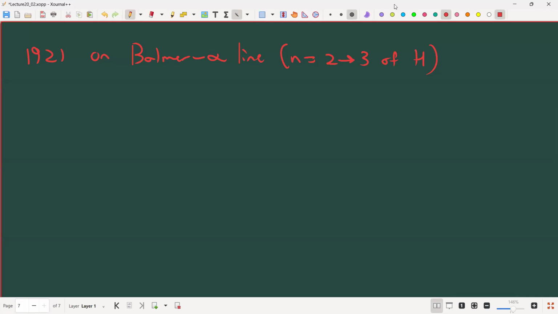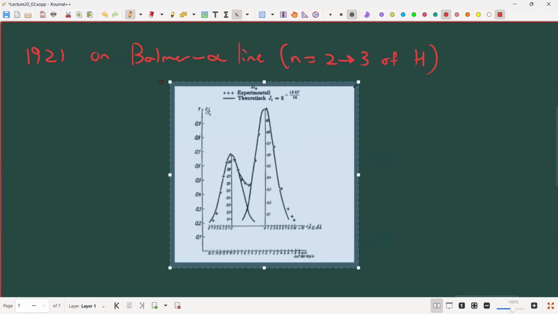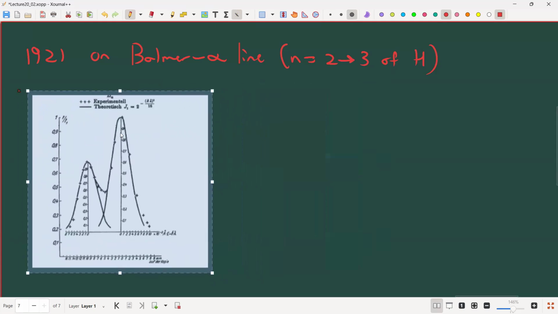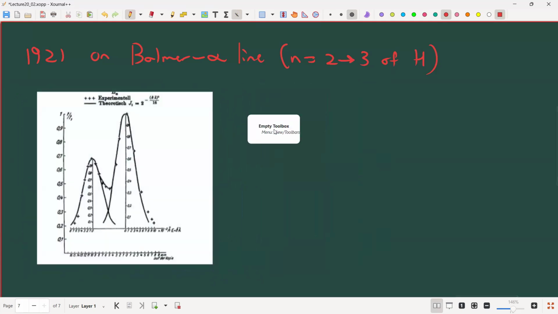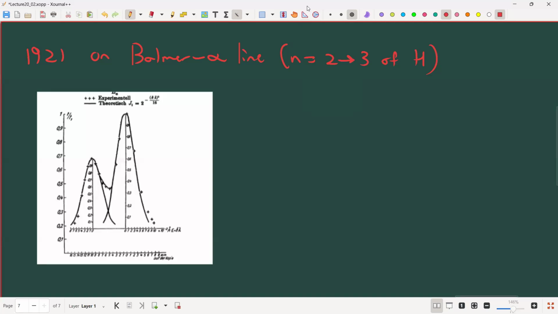It's not a single absorption, but a very, very finely split doublet. Here's a plot from the 1921 paper of this doublet in the Balmer alpha line, and here's a photographic plate of the multiplet from an emission spectrum of hydrogen.